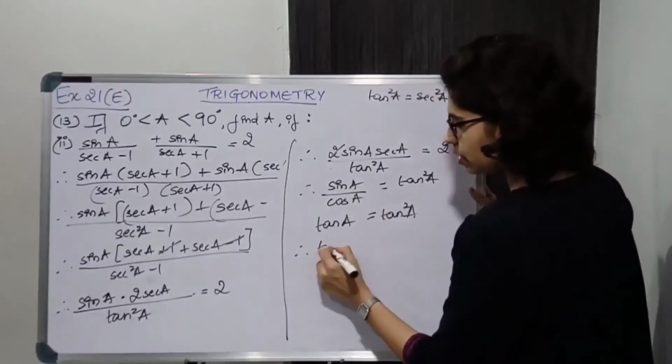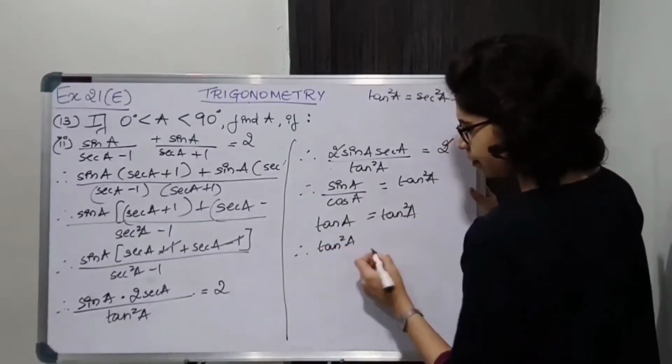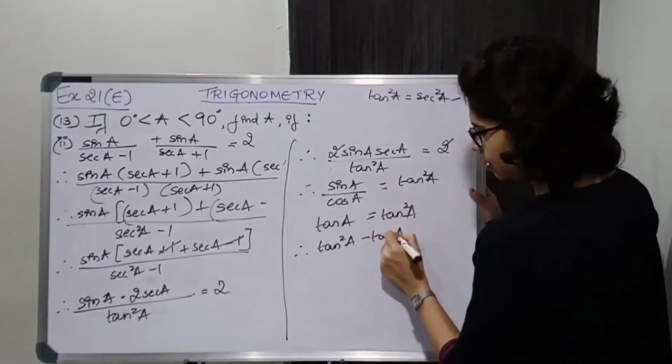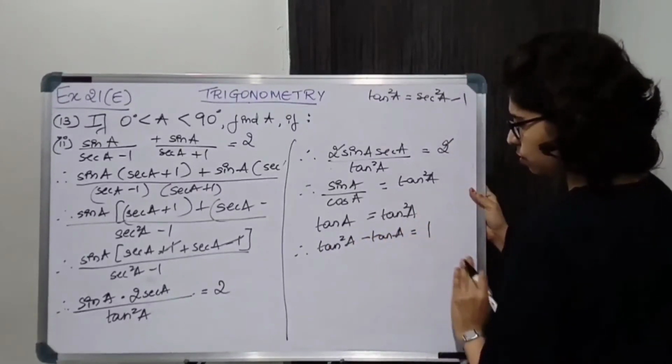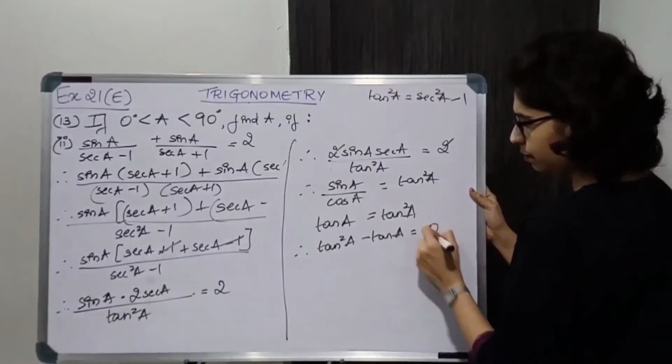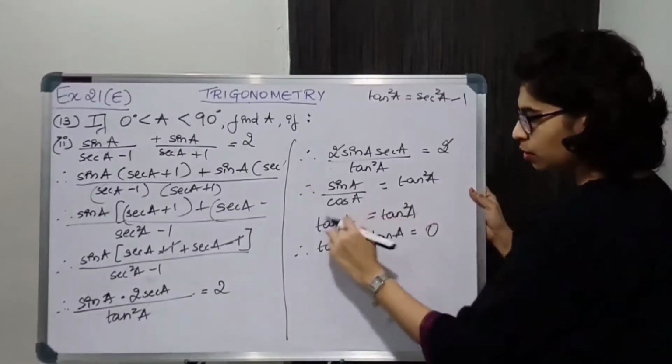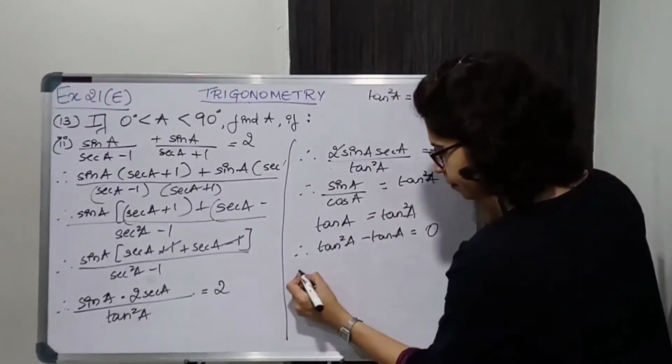So tan squared A minus tan A is equal to 0. I shifted this over here, so we have 0 over here.